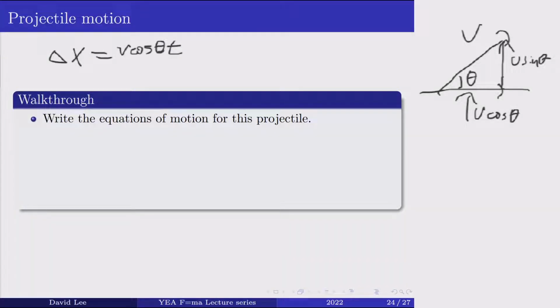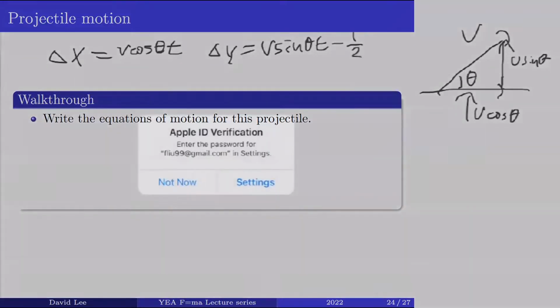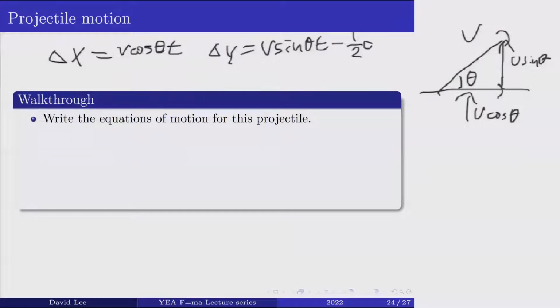Well, in the y direction, we have the same equation: delta y is equal to, now it's v sine theta t, and now we do have an acceleration, which is negative g. So these are the two equations of motion.